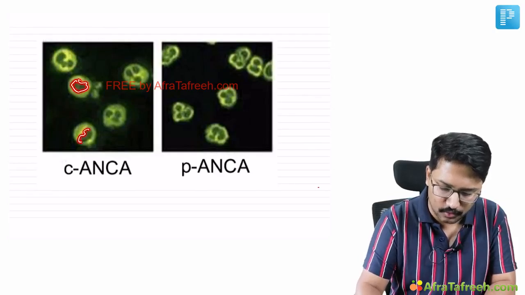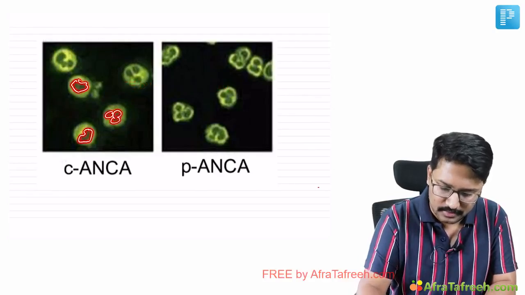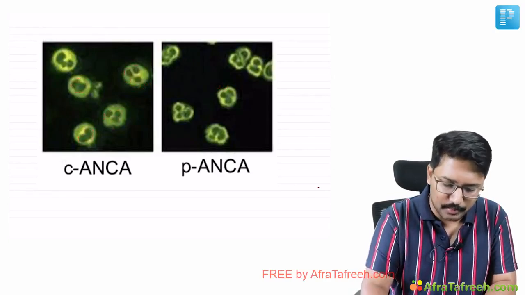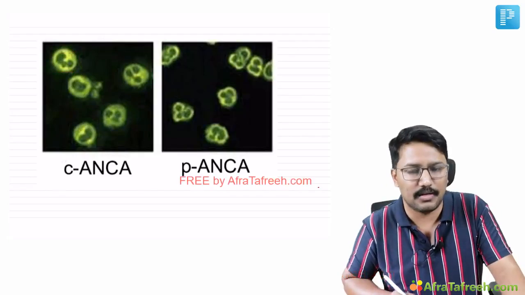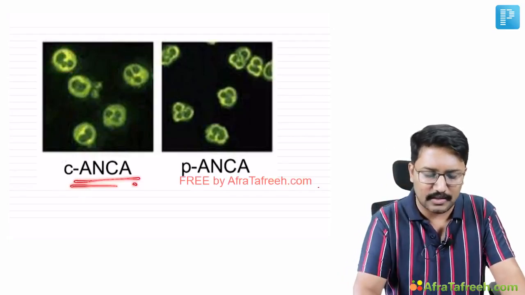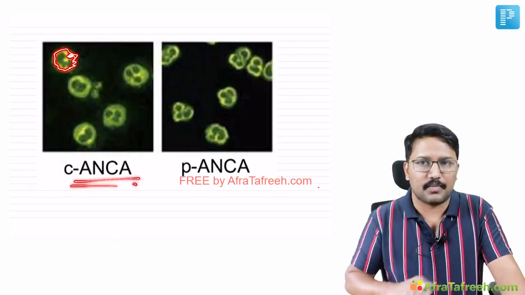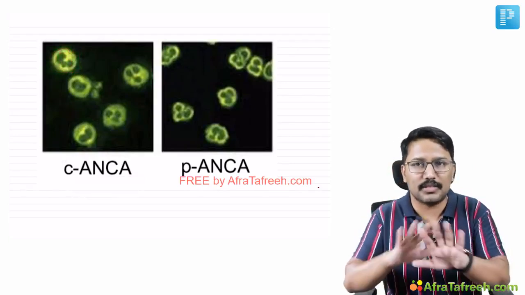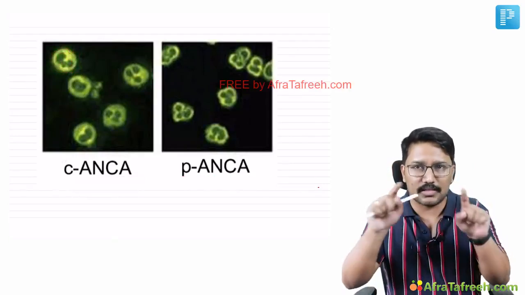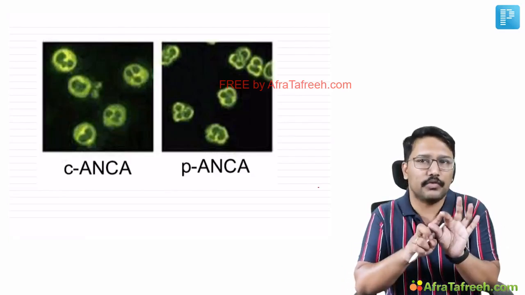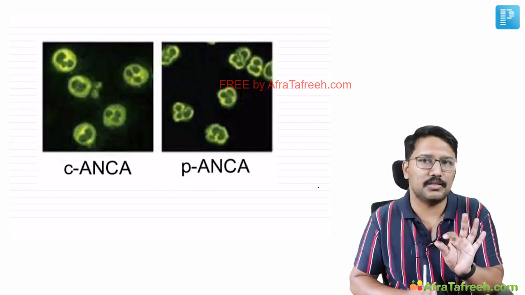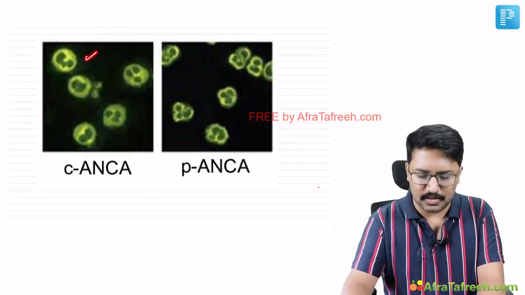We can clearly see this halo of the nuclei here and there, and we can clearly appreciate the cell border. The entire contour of the cell can be clearly appreciated. So this is very typical of C ANCA because the entire cytoplasm is smeared with the immunofluorescent activity. Because the cytoplasm is smeared, the cell outline can be clearly traced out. So you have a nucleus which is not fluorescent, and then your entire cytoplasm is fluorescent. This is typical of C ANCA.